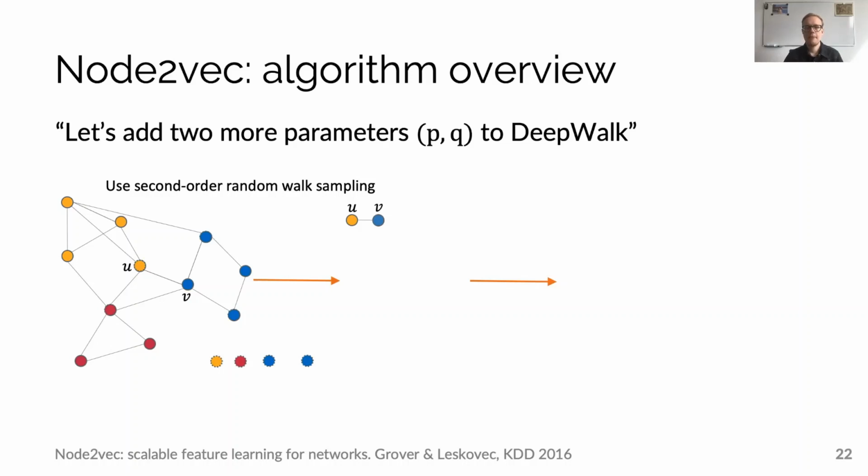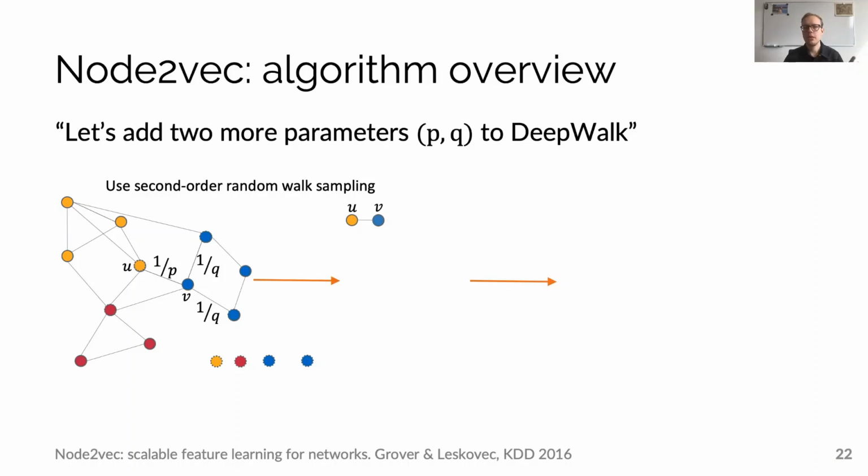Basically, we have 4 candidate nodes to go to: U to go back, the red node on the bottom left, and 2 blue nodes. And we go back with the weight. It's not a probability per se, as the probabilities are normalized for each step, but it's 1 divided by P. And then going to the nodes that are 2 hops away from the previous node.